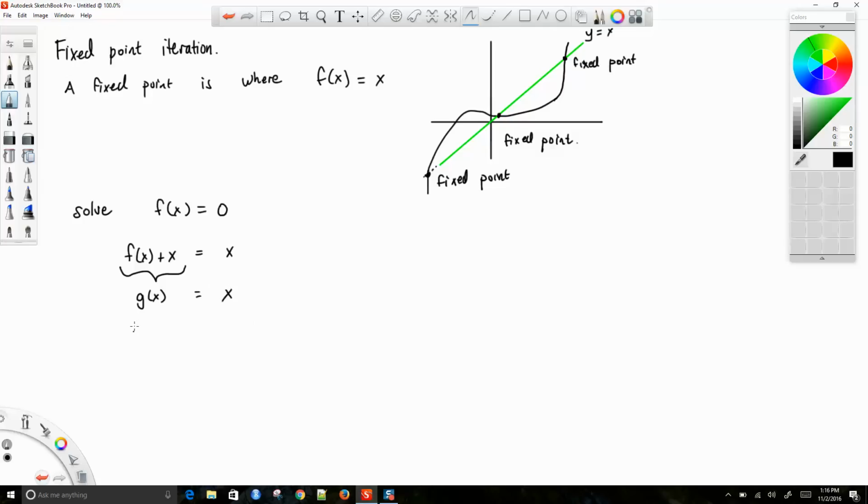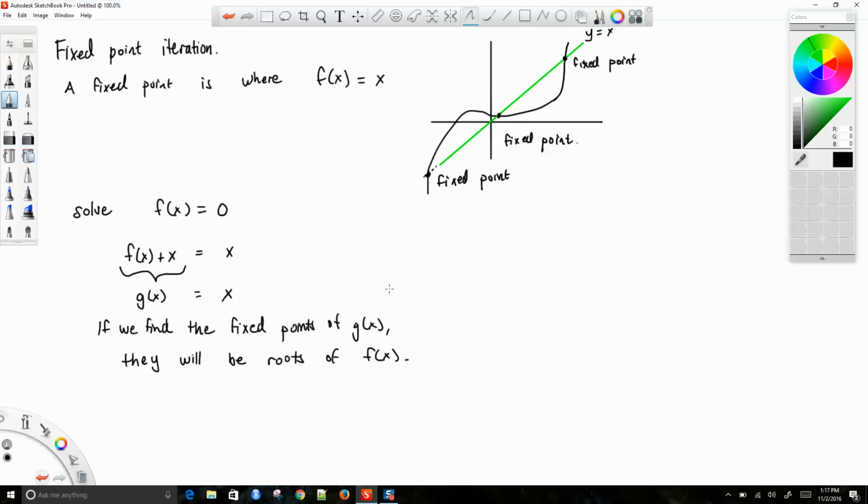Basically if we find the fixed points of g of x, they will be solutions of f of x, or roots of f of x. Does that make sense?